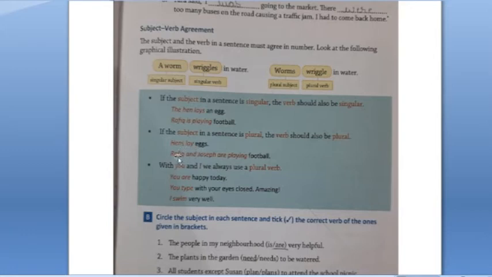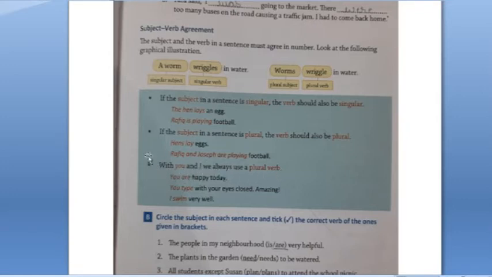So hence, lay eggs. Here Rafiq and Joseph. So here are two people, Rafiq and Joseph. So we use the plural verb are. Rafiq and Joseph are playing football. And the third point is, with you and I we always use a plural verb.